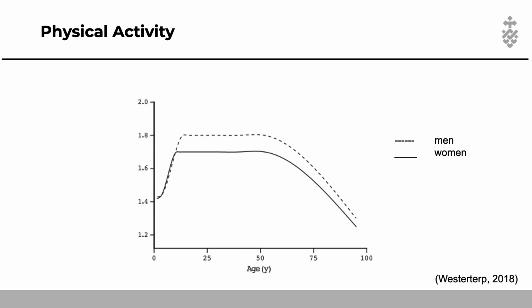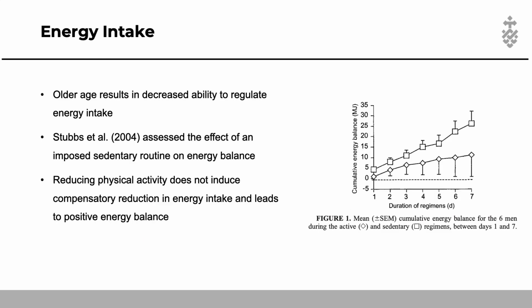During adulthood, we maintain a moderately active lifestyle, and then we gradually return to sedentary again at old age. So with this gradual decline in physical activity that begins in middle and lasts to older adulthood, we must have a concomitant, or simultaneous, decline in energy intake in order to maintain our energy balance.